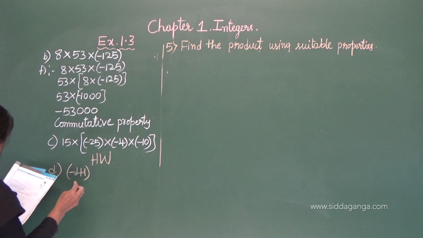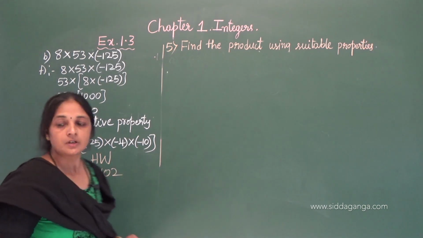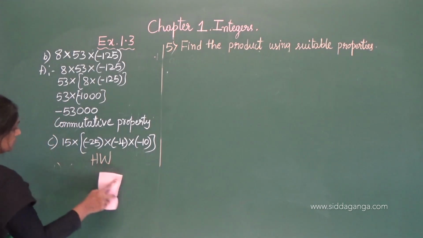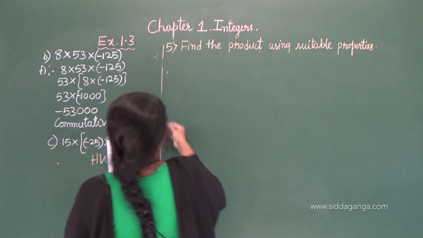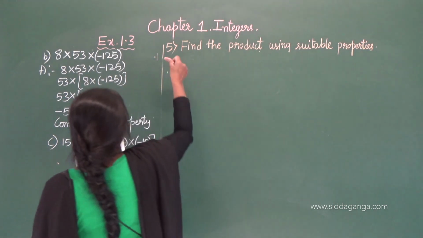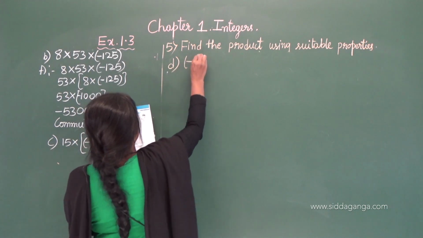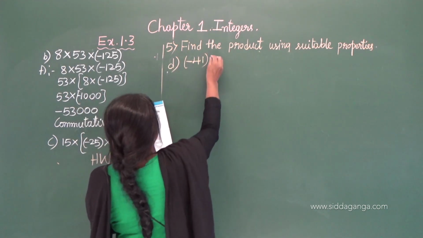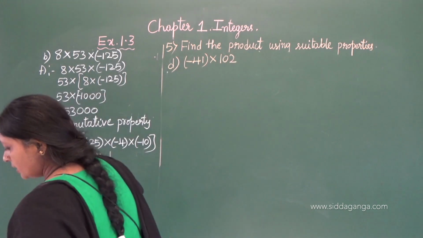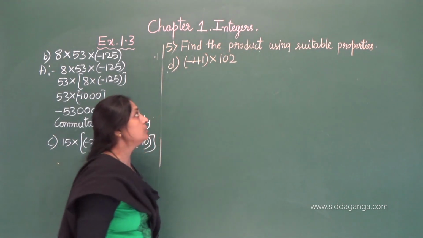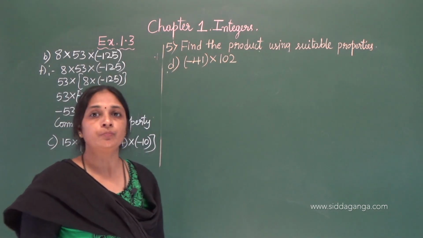Minus 41 into 102. So now, okay, D I do for you. Minus 41 into 102. How can we write 102? It can be written as 100 plus 2.